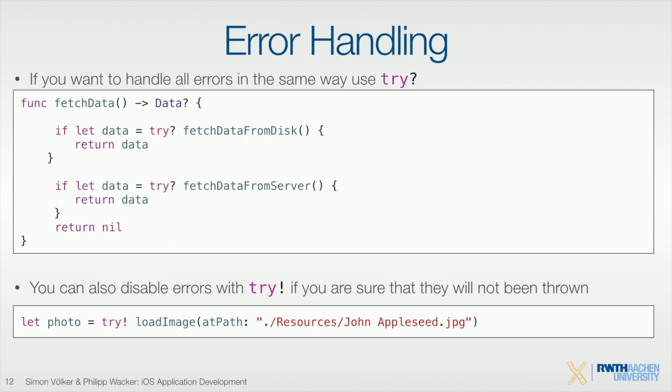For example, this happens a lot at the end of your application when you know that the image is in your bundle and you're 100% sure the image is in your bundle. You can use this try force thing to say, okay, this is definitely there. I know that a loading image function always is a try catch error, but I ignore this to optimize your code by a tiny fraction of computational power.